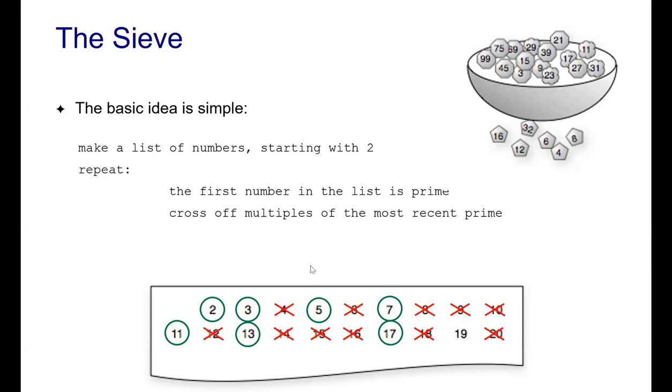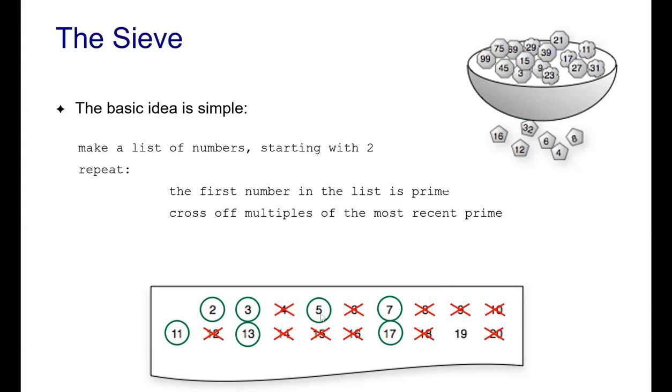Now, if you look at this problem a little closely, should we check from 2 to n, or can we optimize this problem? The square root of 20 is approximately 4.46.